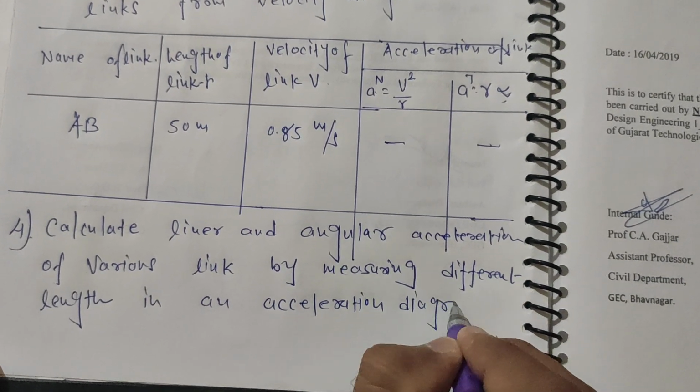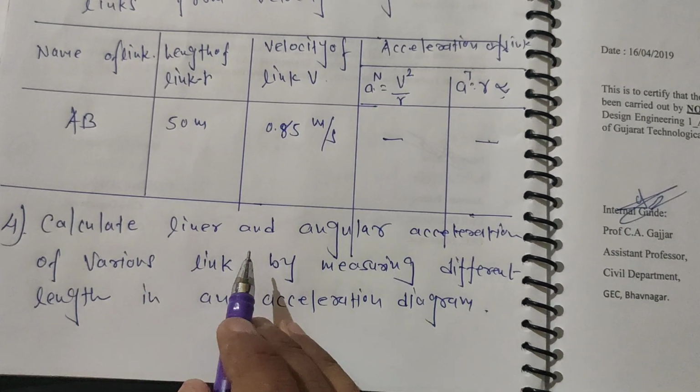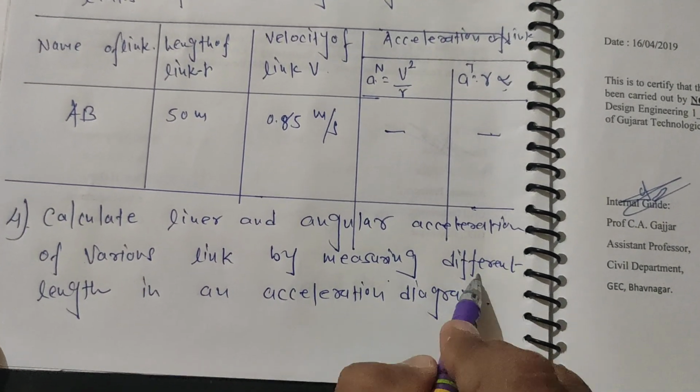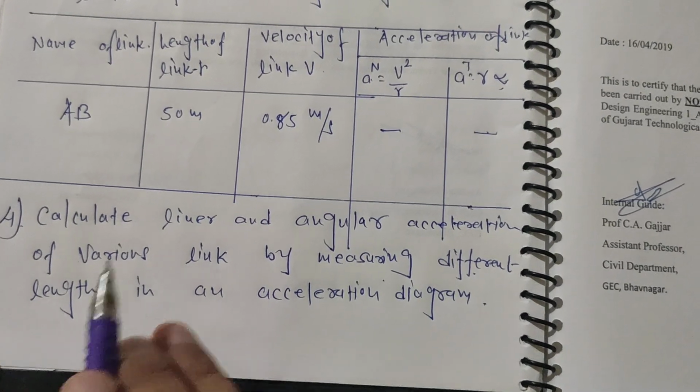Okay, this is our last point. Calculate the linear and angular acceleration of various links by measuring the different lengths in an acceleration diagram.